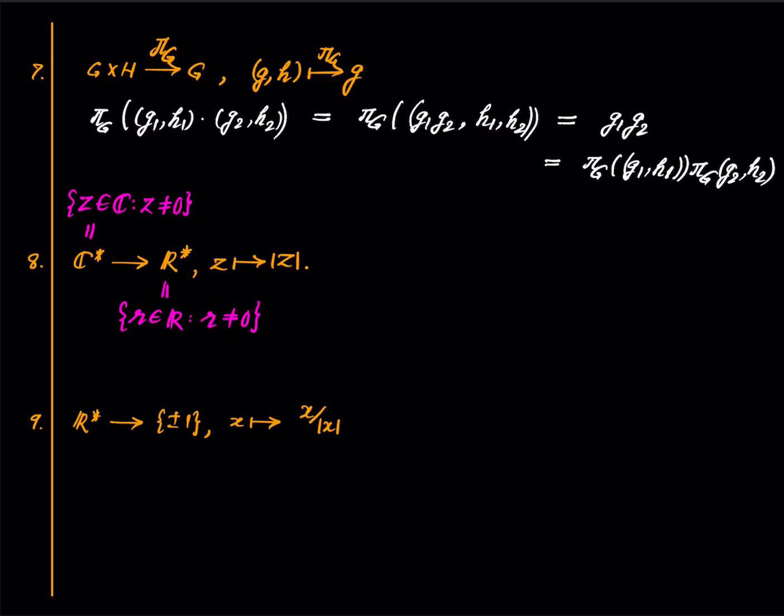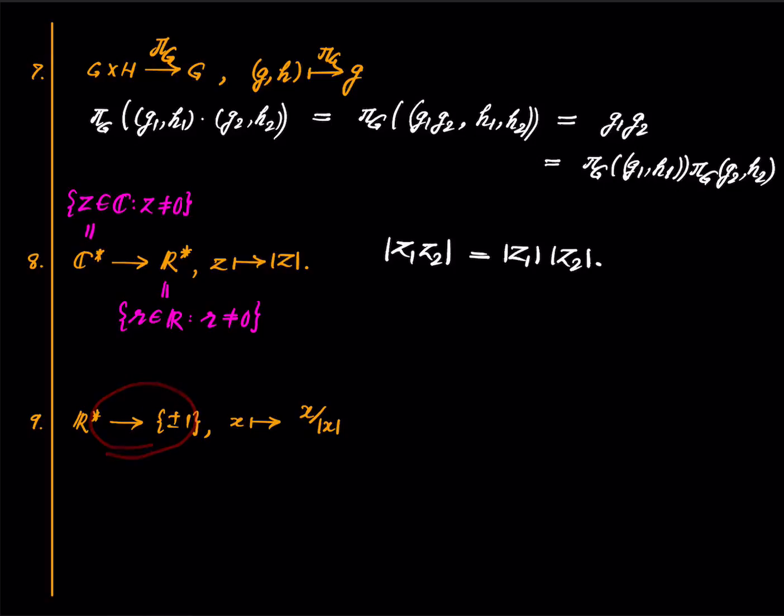This map is just taking a complex number to its absolute value. And this is a group homomorphism simply because for z1, z2, the absolute value of the product of two complex numbers is the product of their absolute values, a basic fact familiar from high school. So this justifies that the map shown is a group homomorphism.